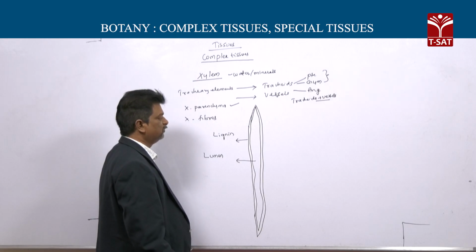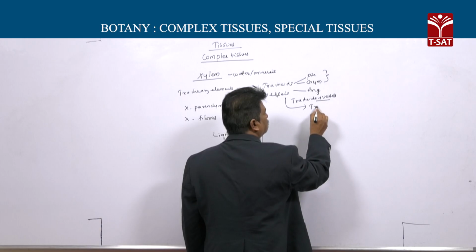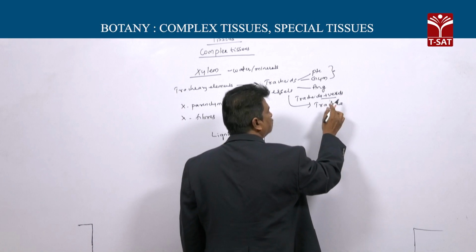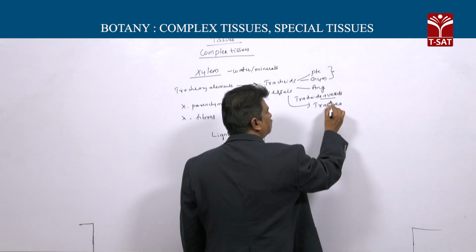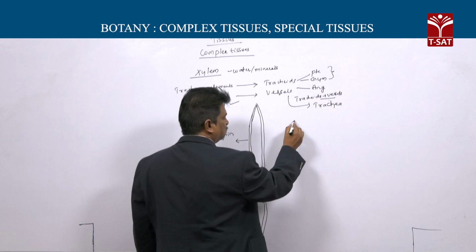Then next one, vessels. Vessels are also called trachea. Another name for vessel is trachea. And what does vessel mean?